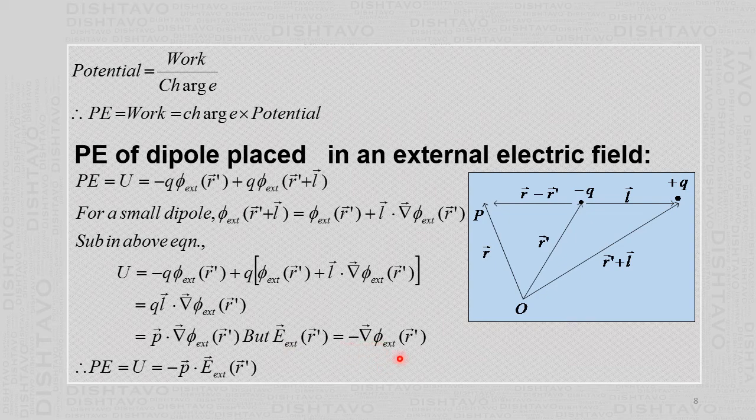So we substitute the gradient of potential equal to minus E here. So this becomes minus p dot electric field. So what you get is the potential energy, symbol U, equal to minus vector p dot vector external electric field.